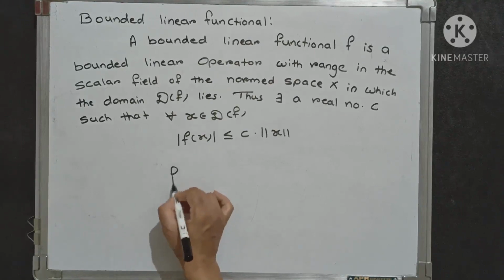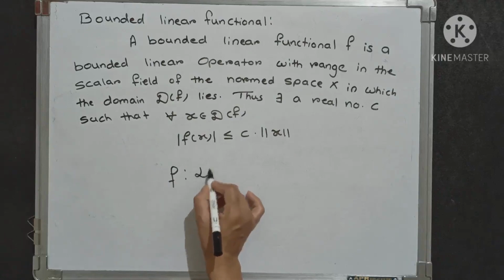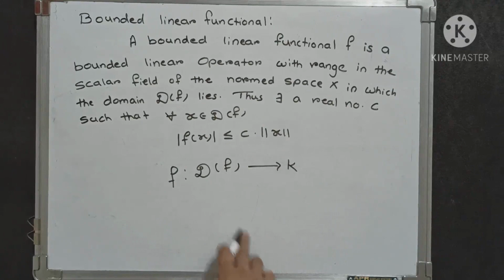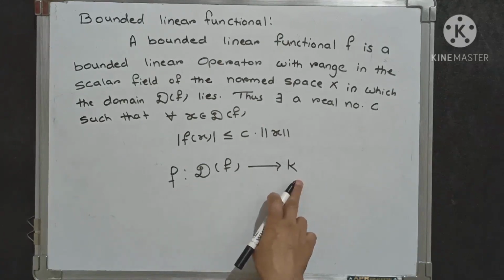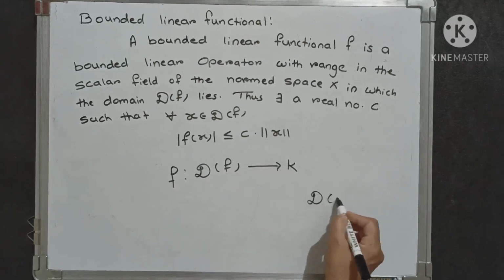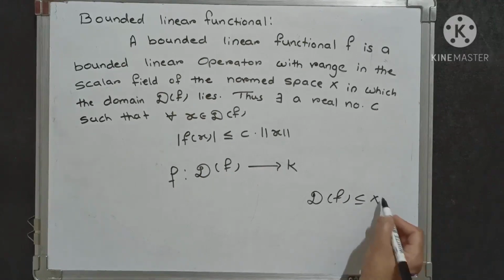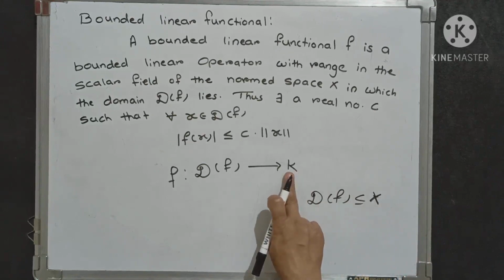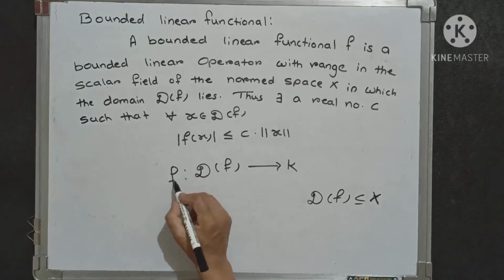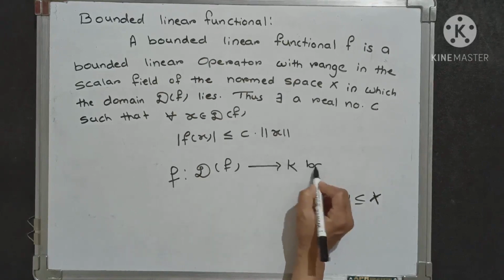That means the mapping F from script D of F to K is a linear functional whose domain, script D of F, lies in a vector space capital X, and as capital X is a vector space, its scalar field is K. And therefore one more condition for this linear functional is that F is bounded.